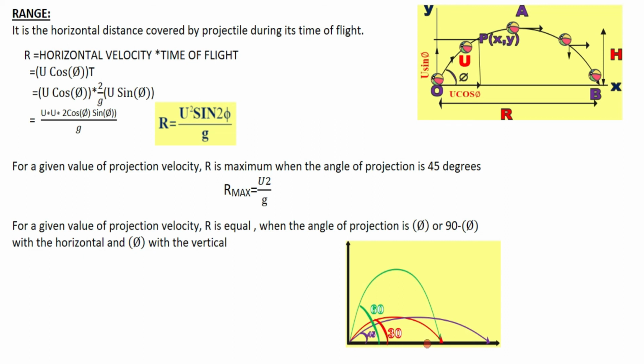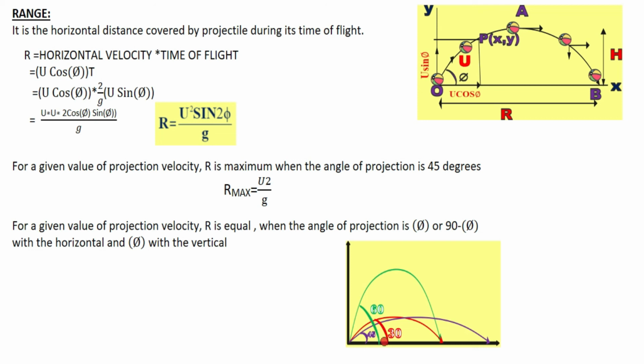Initially it will increase. That is, when I start throwing the body from 0 degrees, the horizontal distance covered will increase, and at 30 degrees let this be the horizontal distance covered. That is, this distance be the range.